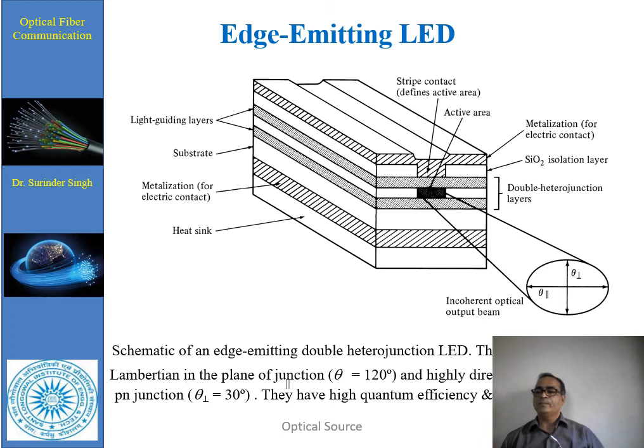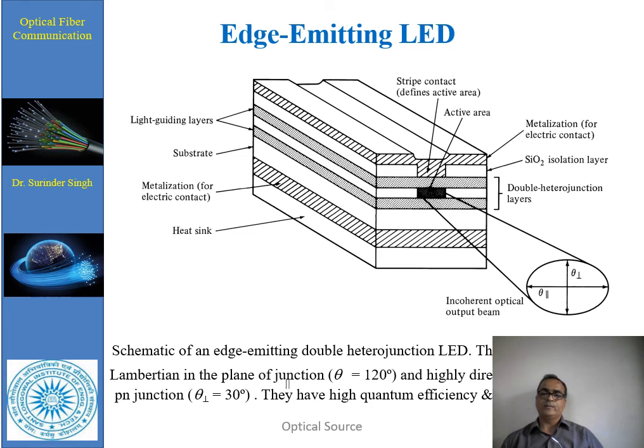In the plane parallel to the junction, there is no waveguide effect present, and the emitted beam is a Lambertian type, varying with angle as cos theta, with a half power beamwidth theta parallel of 120 degrees. In the plane perpendicular to the junction, theta perpendicular varies from 25 to 35 degrees by proper choice of the thickness of this part.